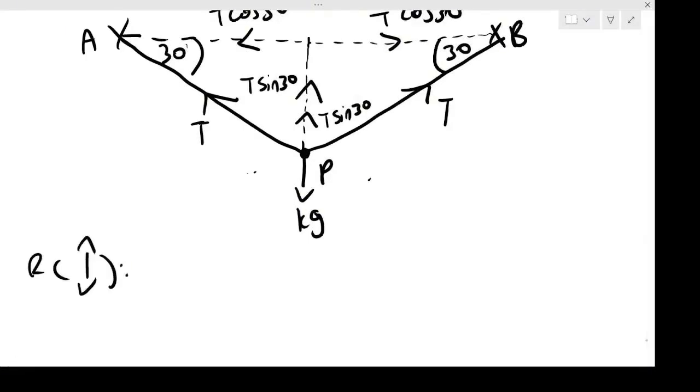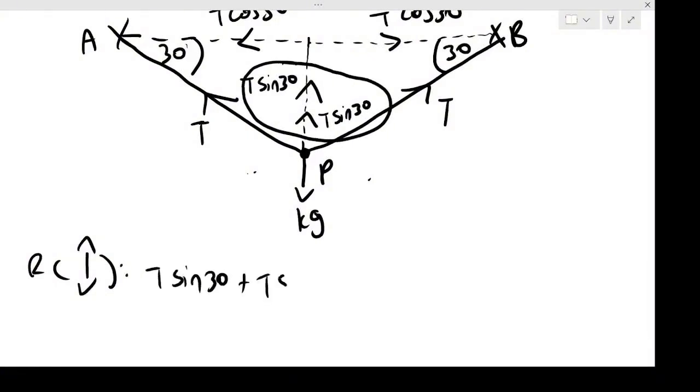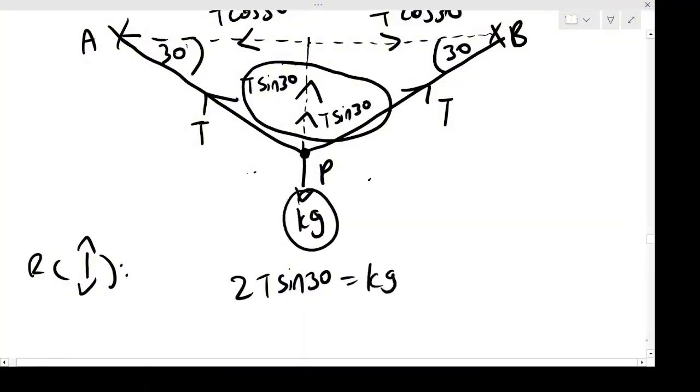So up and down, well, firstly, I've got my two forces up. So I've got T sine 30 and another T sine 30. Actually, I could simplify this to just two lots of T sine 30 because they're the same, right? 2T sine 30 is going to equal the downwards force of kg.